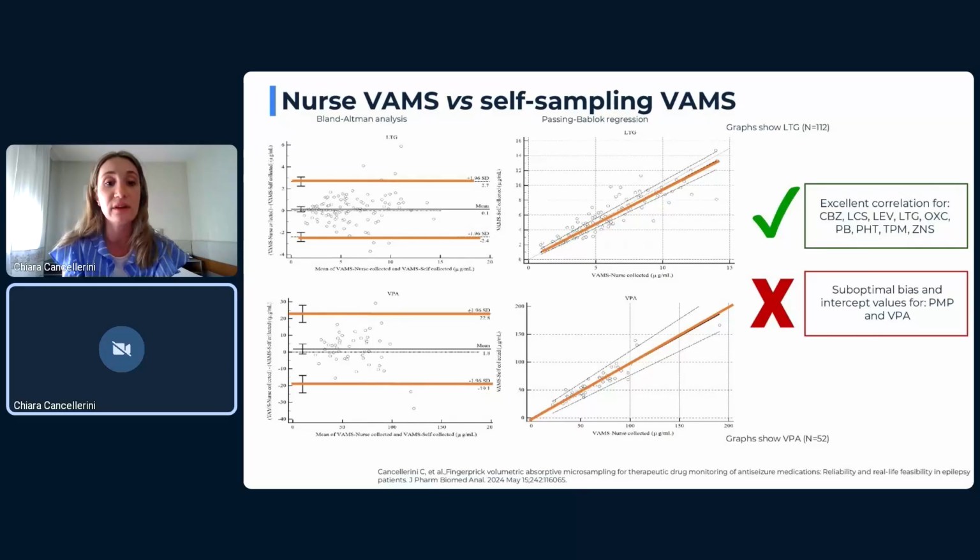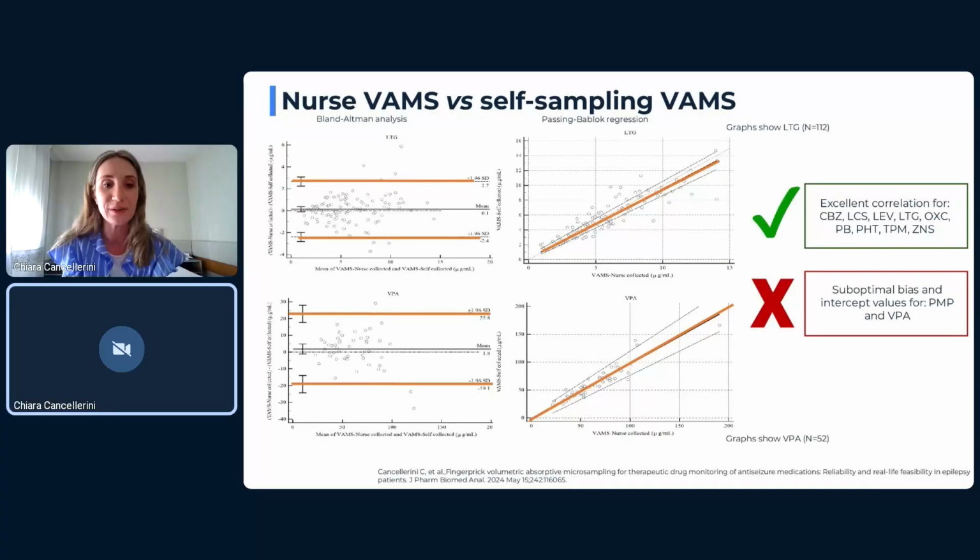Even if there is a good correlation between VAMS and self-sampling, the same drug that we couldn't extract properly from nurse sampling is also affected in self-sampling. And this is crucial for telemedicine, because we found a strong correlation between samples collected by the nurse and self-sampling, which confirms the user-friendly nature of the microsampling.